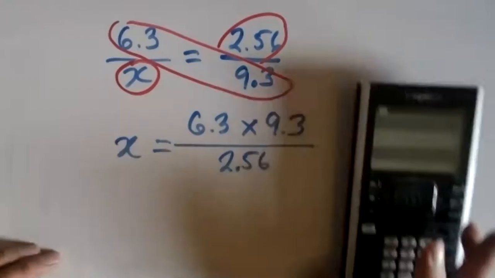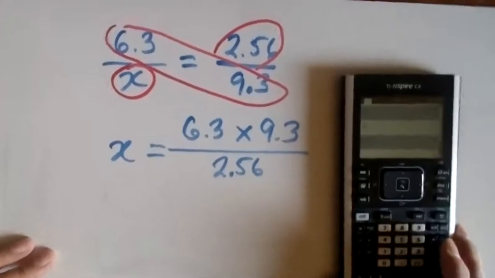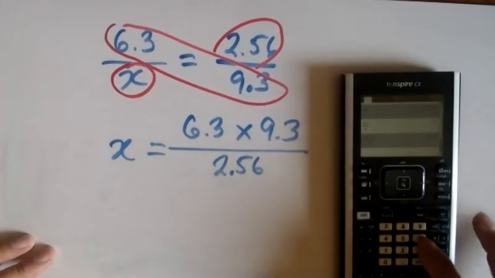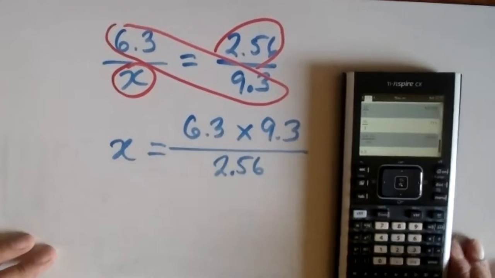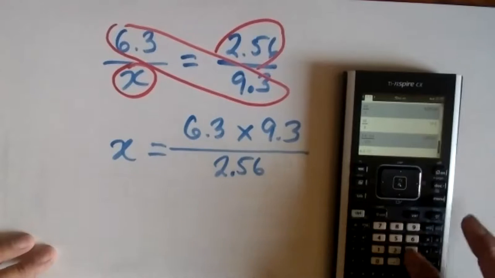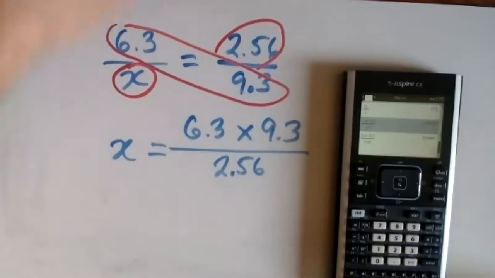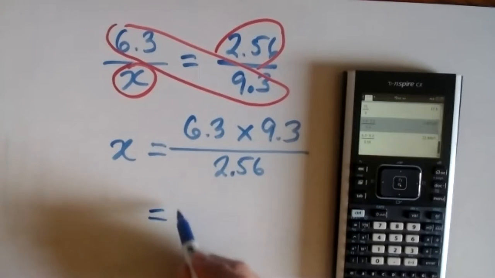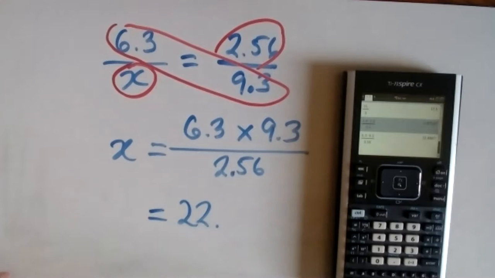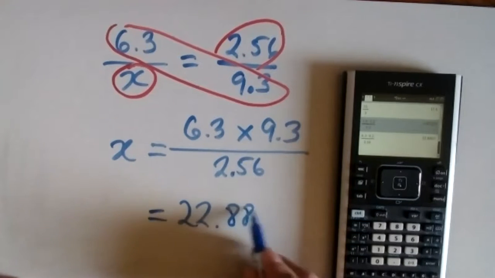Now, if you see the calculator here, you have 6.3 times 9.3 divided by 2.56. And then we get 22.8867.